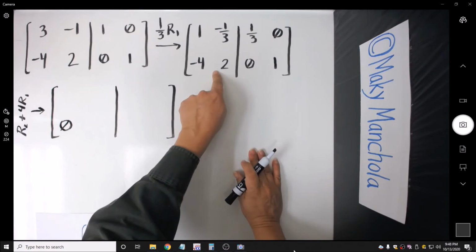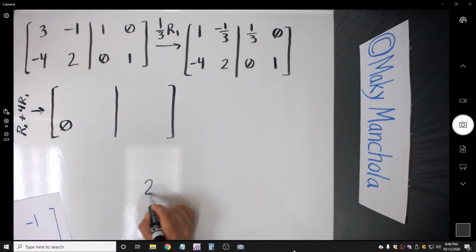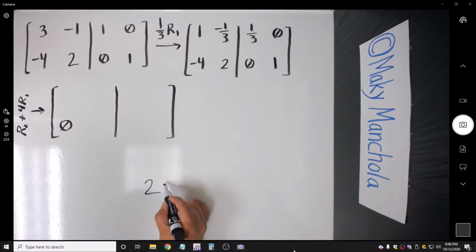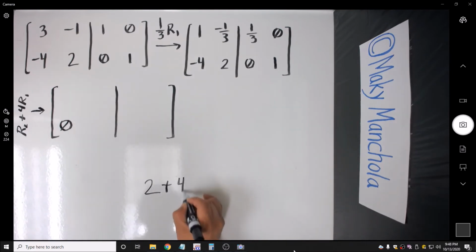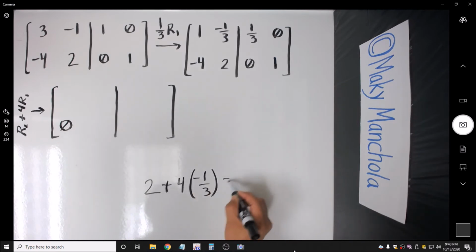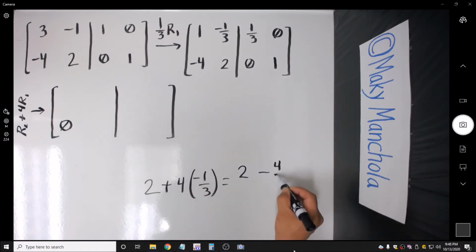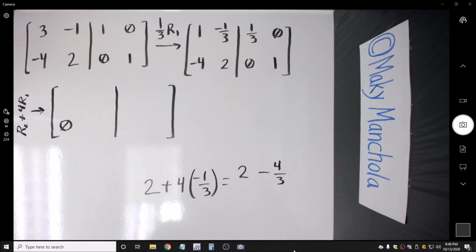2 plus 4 times -1/3. That is the same as 2 minus 4/3. So now we are subtracting fractions.